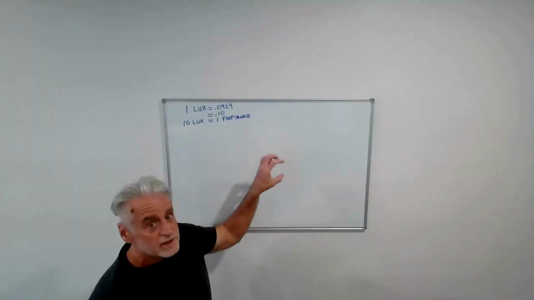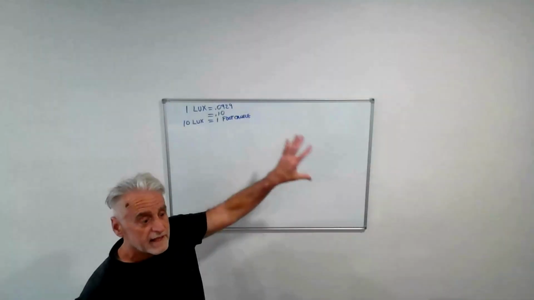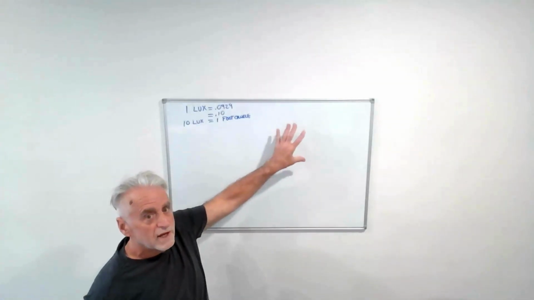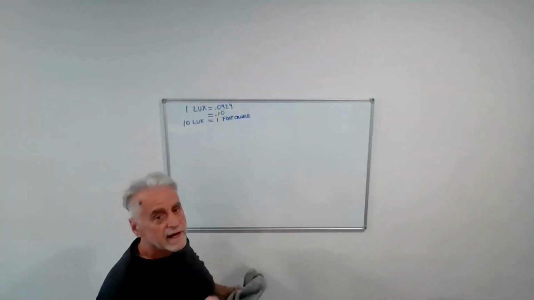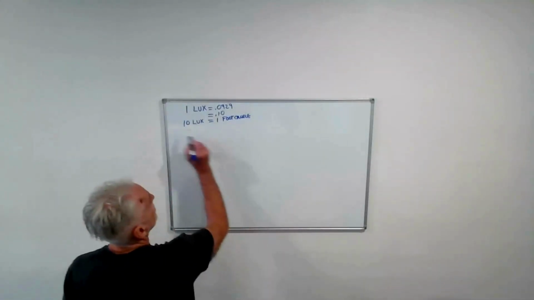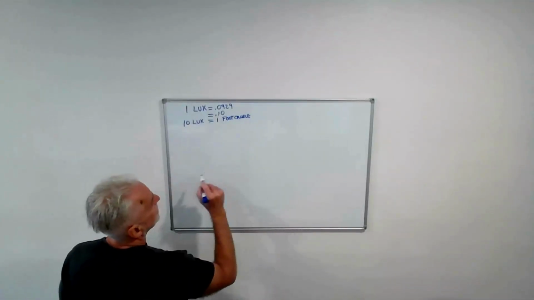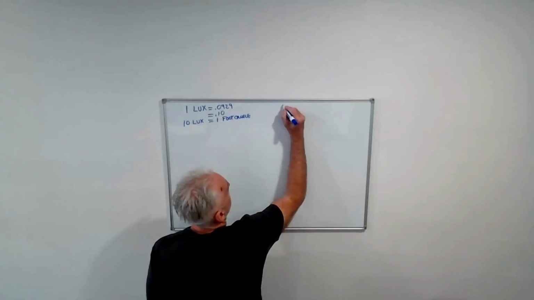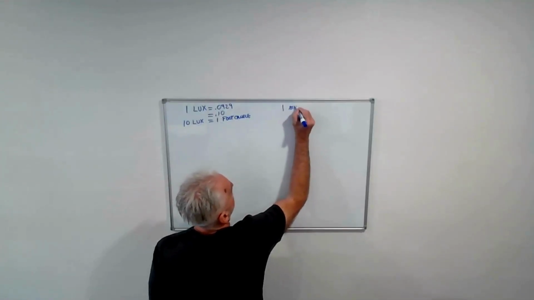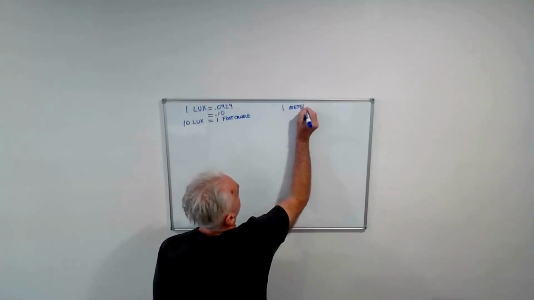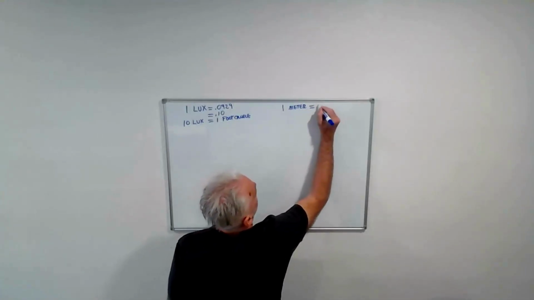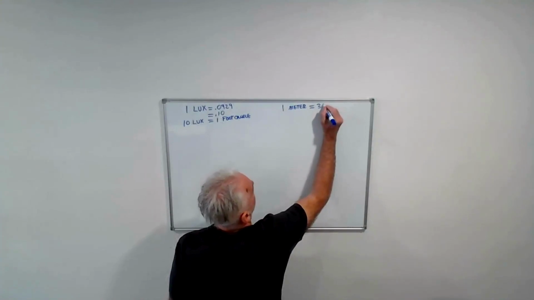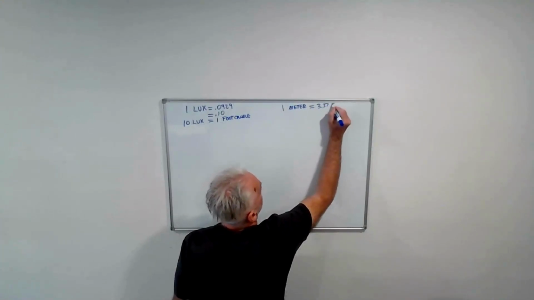But a lot of these calcs are set up to run lux and utilizing meters, but there's an easy way to convert that over. So that's one of our conversions. The other one is on the measurement side. So 1 meter is equal to 3.37 feet. All right.